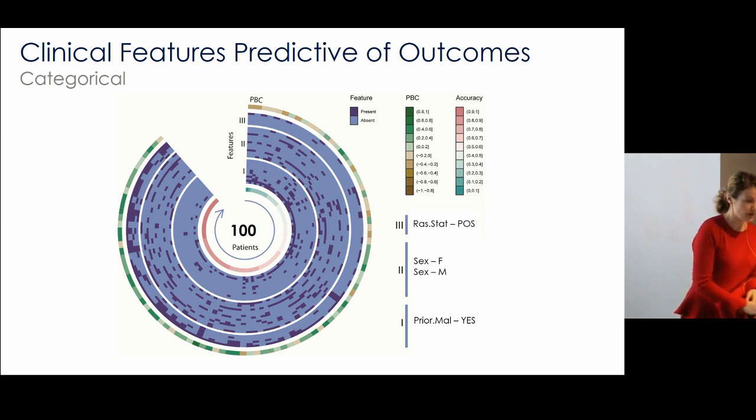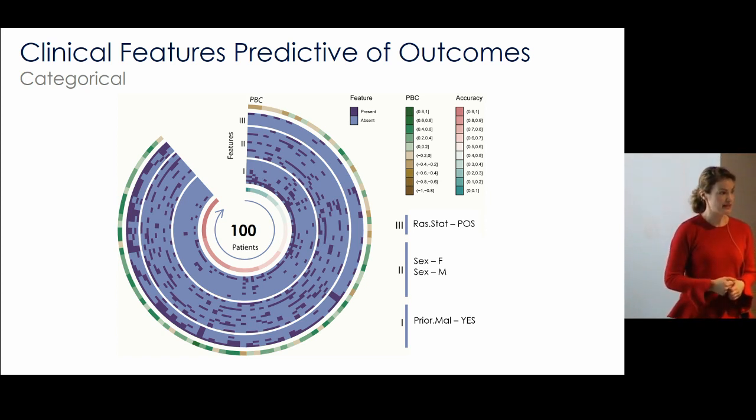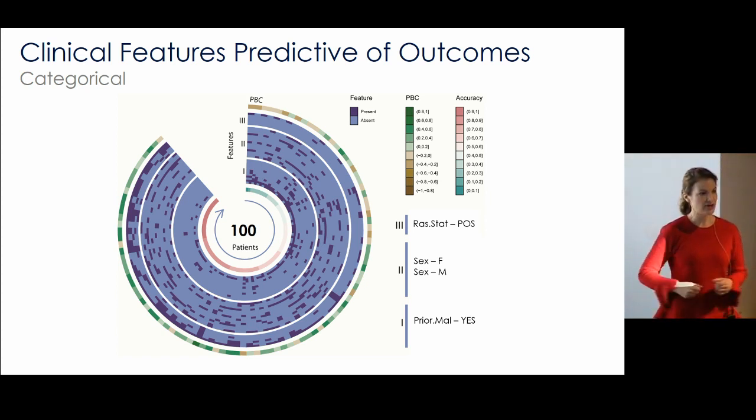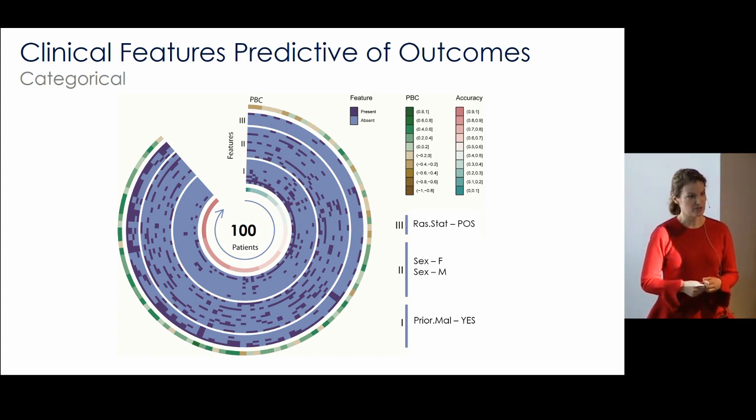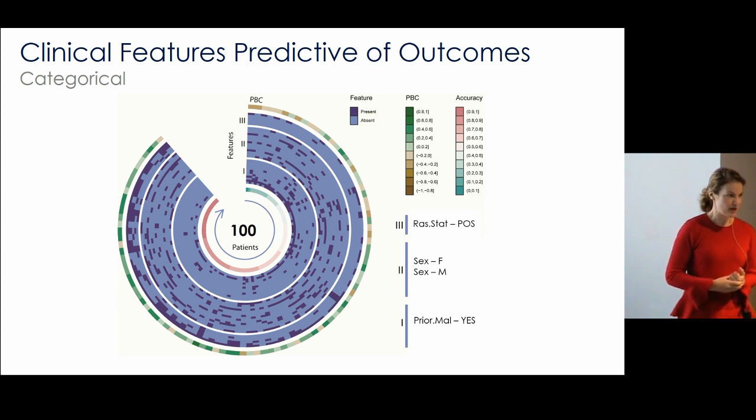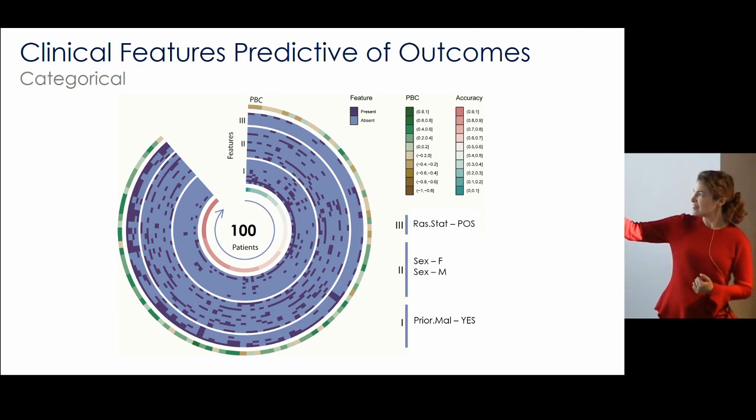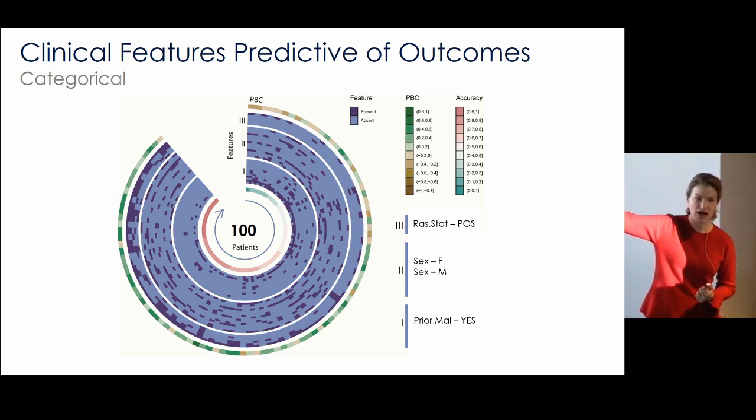If you have a prior malignancy, that is one thing that showed up. If a patient had a prior cancer, it's much harder then to predict how they'll respond to therapy. That one might be more obvious for clinicians, but there are a lot of things that were not. Things like the RAS-STAT mutation being positive was actually a positive correlation to a prediction of the outcome.